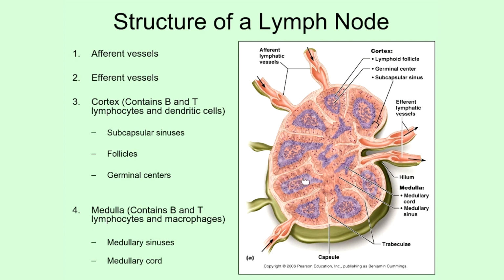They're attached to the wall of the sinus, and then they're attached also to the follicle over on the other side. So I'm going to draw a few in just in case you're having a hard time seeing them. So you've got these little fibers. These are actually reticular fibers. So you learned about those in 227, and they're spanning the sinuses.